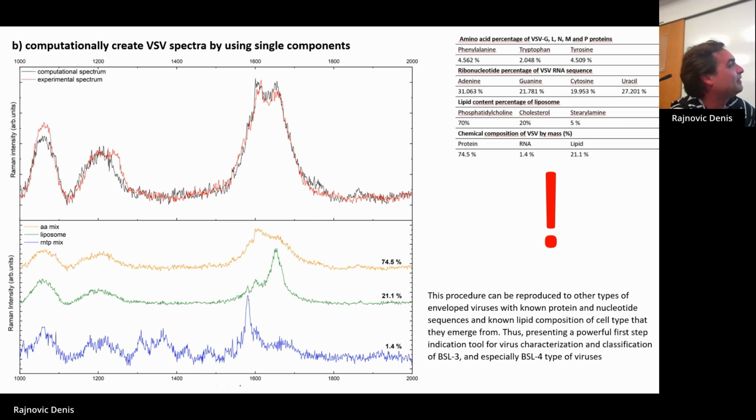So I believe that this procedure can be mirrored to other types of enveloped viruses with known protein and nucleotide sequences and known lipid composition of the cell type that they emerge from. Thus, this procedure can present a powerful first-step indication tool for virus characterization and classification of BSL-3 and especially BSL-4 types of viruses.